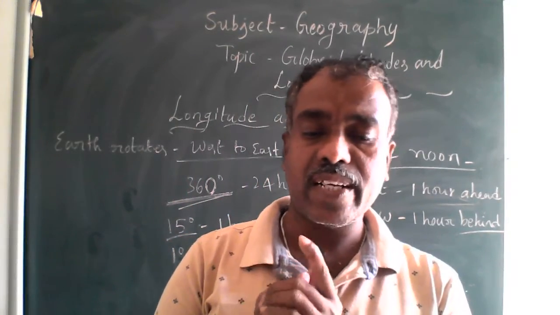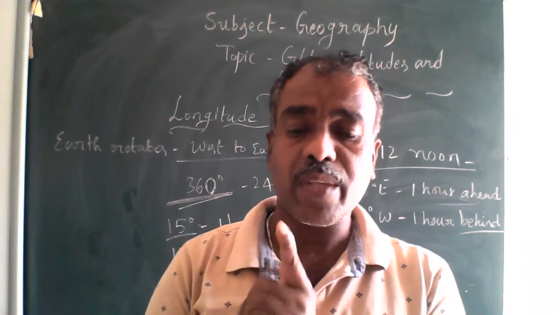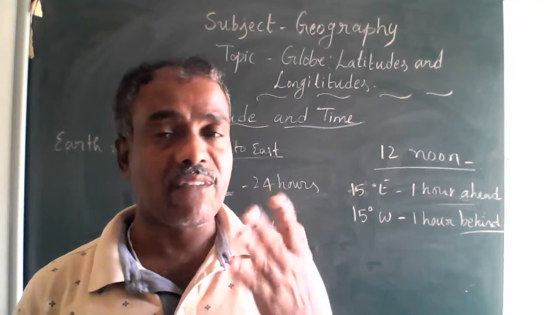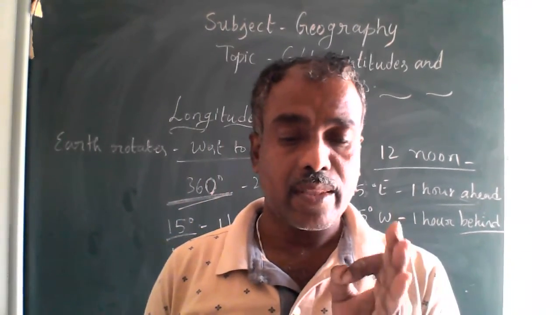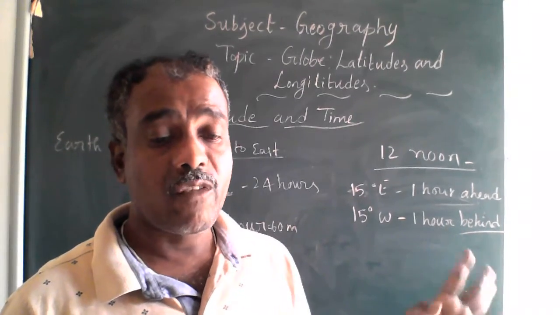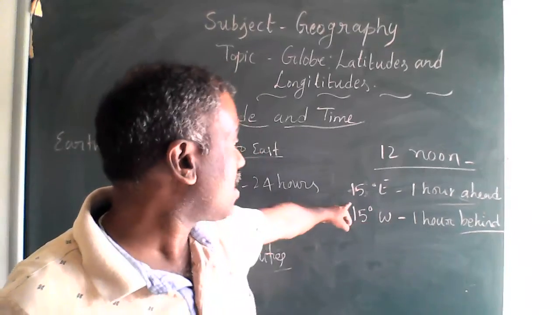So the time is 12 noon at Greenwich, means the time at 15 degrees east of Greenwich will be how much? 15 into 4, 60 minutes. Why should we multiply by 4?